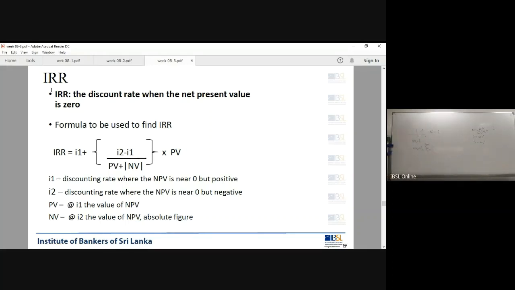That means you are going on the wrong side. So you take NPV 3, I3, then I3 should be 10%. You have to come back. I1, I2, somewhere here, 10, right? So if the NPV is negative 3,000, then you are correct. Then we take this one and this one.